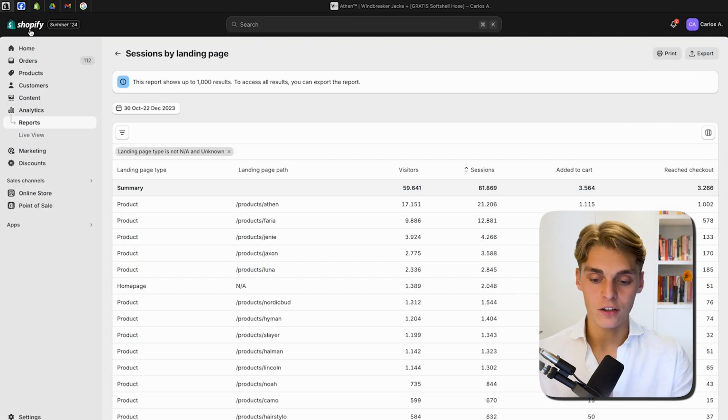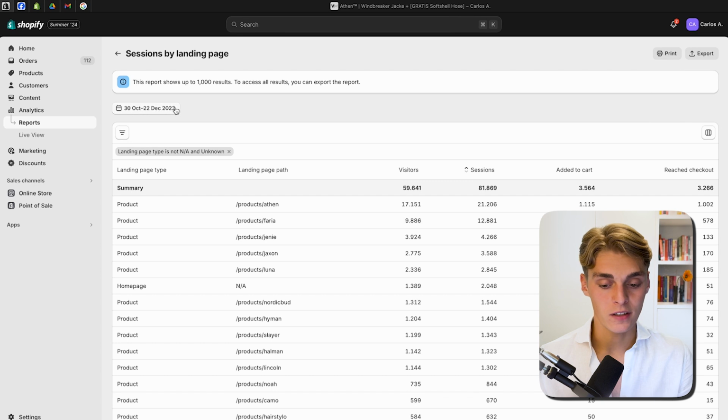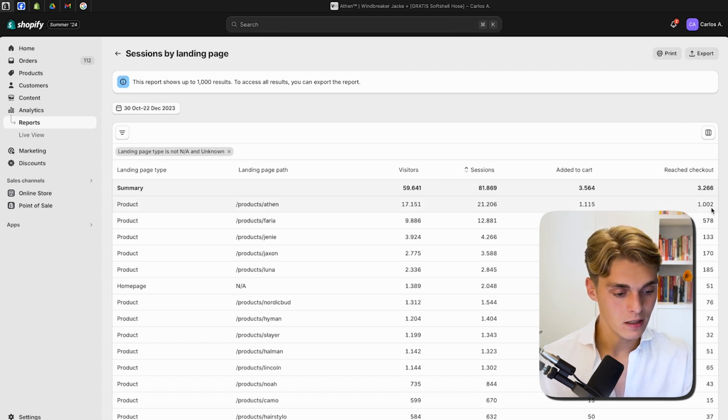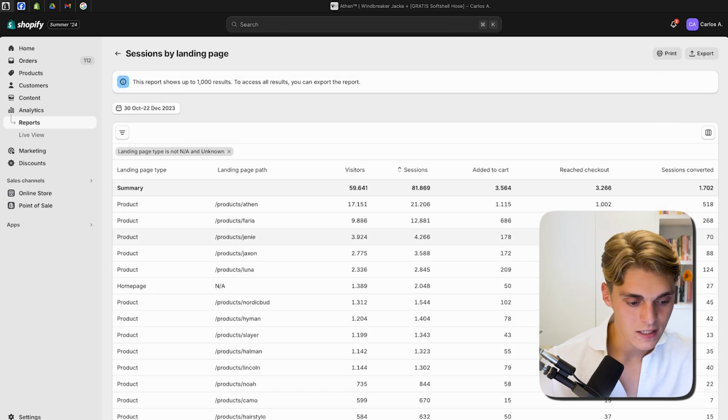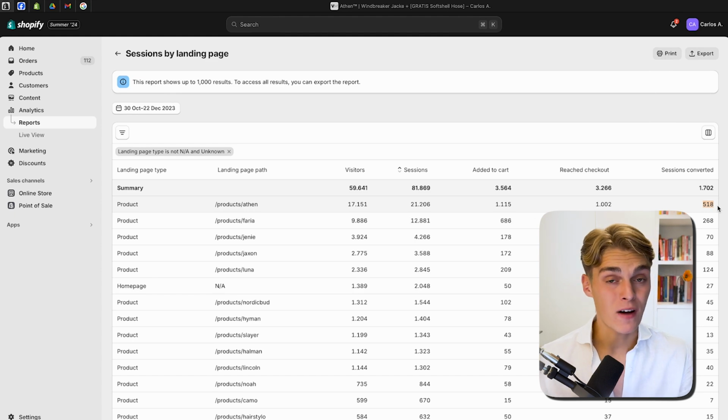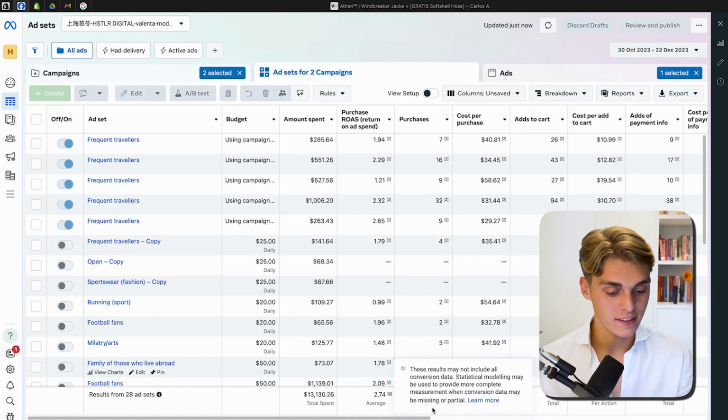So when we look again at Shopify and we go to the product, overall over the same dates, then we see, let me see, the product, and we look at, for example, the sessions converted. We see that this was actually getting in 518 orders instead of 494.